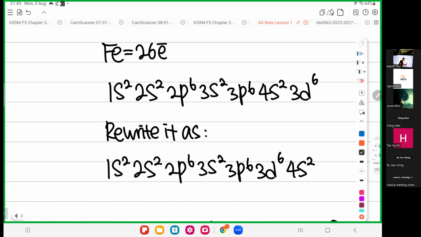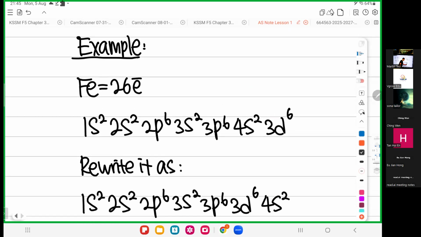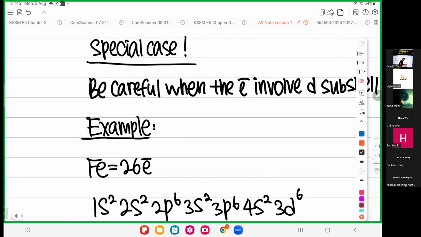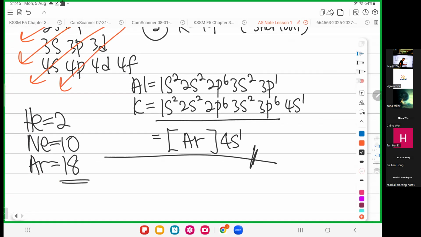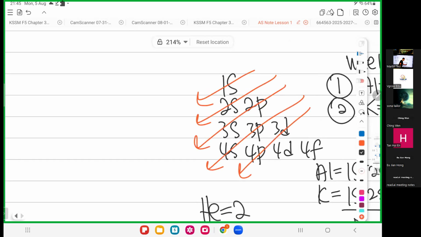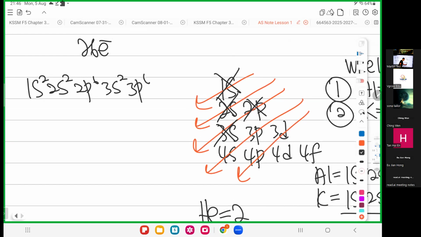Now I'll give you this special example: iron. Iron has 26 electrons. If you use the 1s2 notation, how do you do it? 1s2, 2s2, 2p6, 3s2, 3p6.